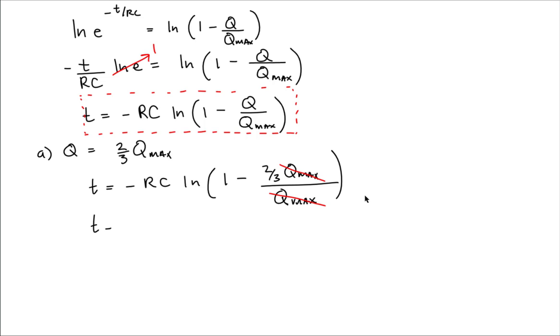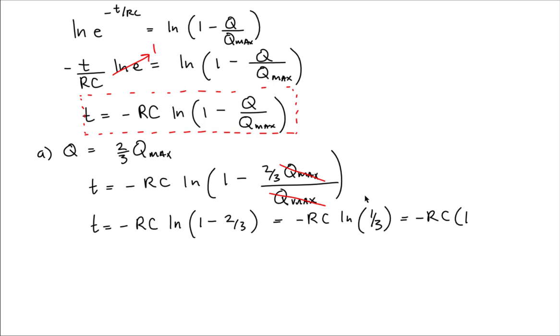What we have is the time is equal to minus RC, the time constant, times the natural log of 1 minus 2/3, which is minus RC times the natural log of 1/3, which is just minus RC times the natural log of 1 minus the natural log of 3.